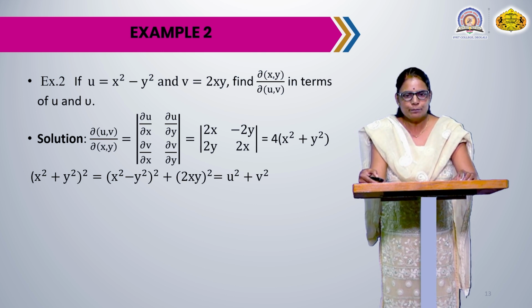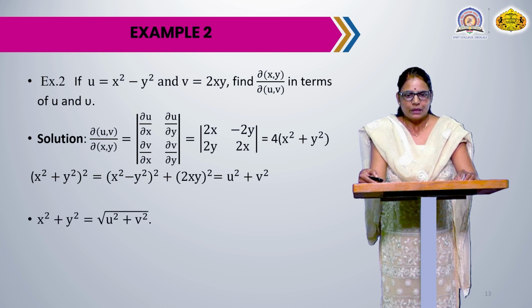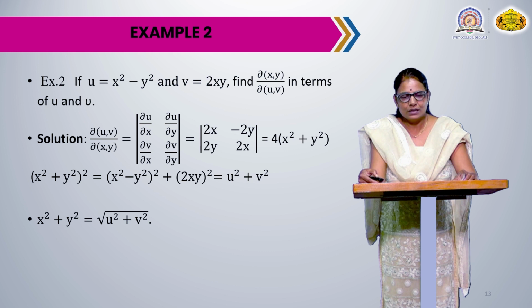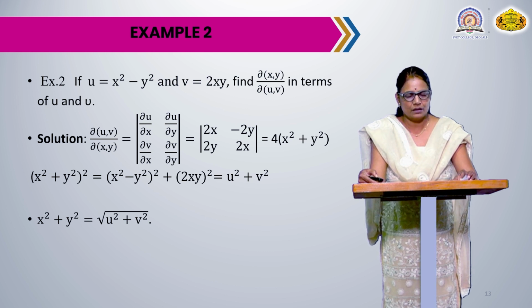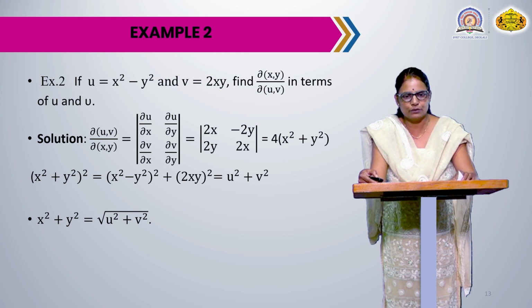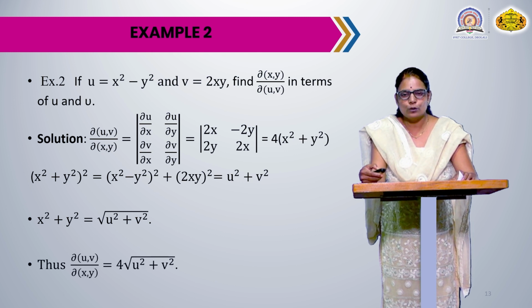We know that x square minus y square is u, and twice xy is v, so (x square plus y square) square becomes u square plus v square. Since we require only x square plus y square, take the square root of both sides. So x square plus y square is the root of u square plus v square. As x square plus y square is always positive, we take only the positive square root, not the negative one.